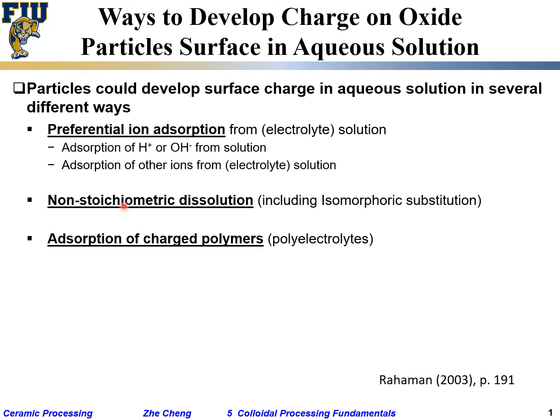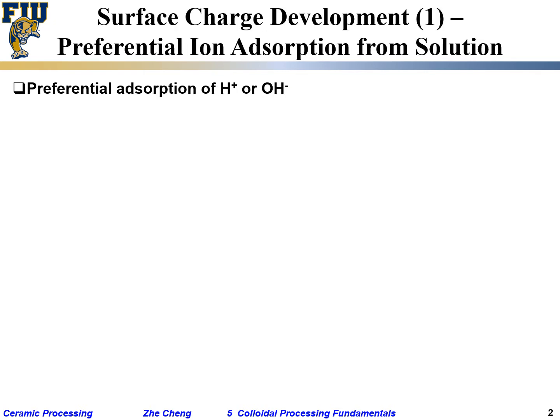And another possibility is adsorption of charged polymers or polyelectrolytes, which is kind of a steric effect. Okay, let's first talk about surface charge development through preferential or selective ion adsorption from solution.